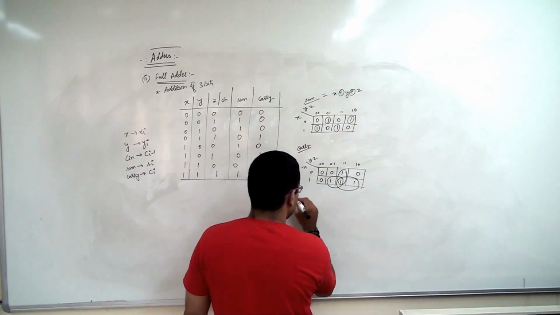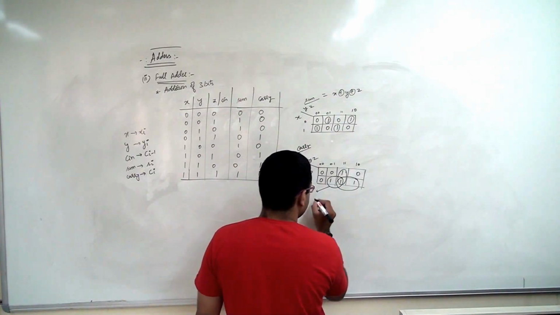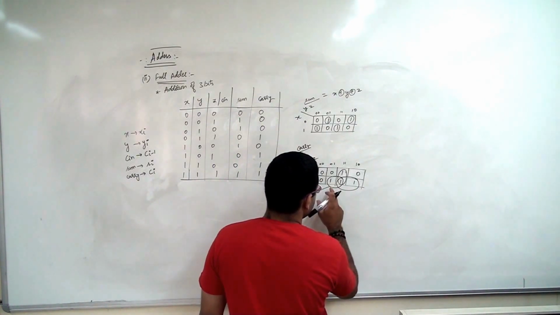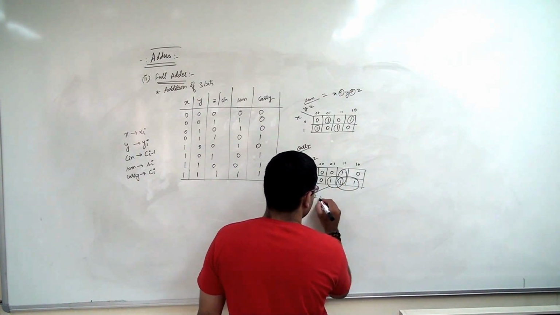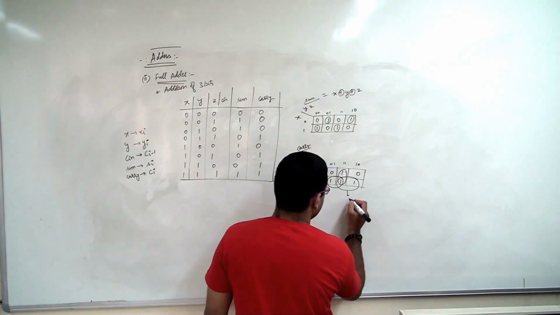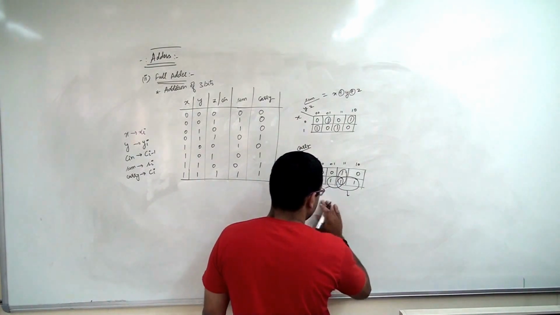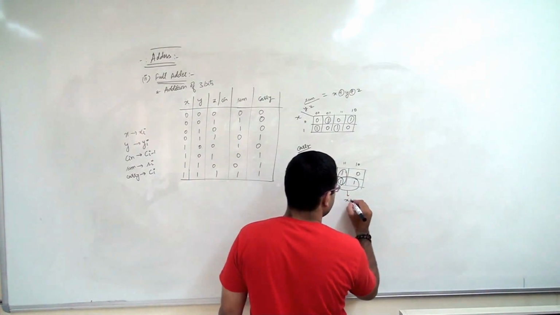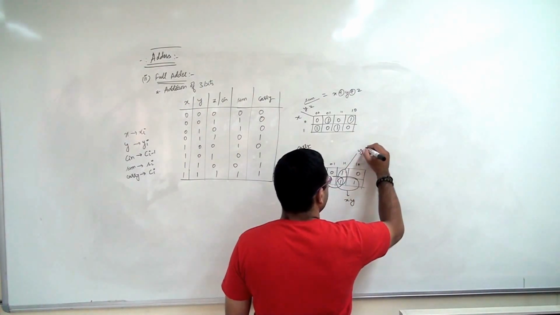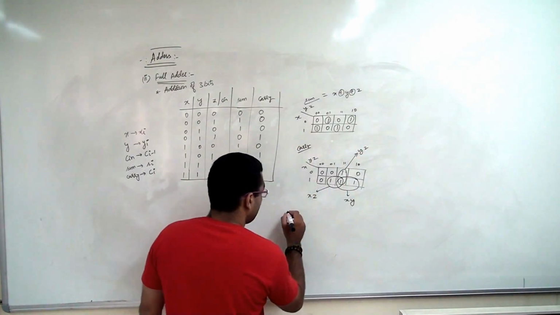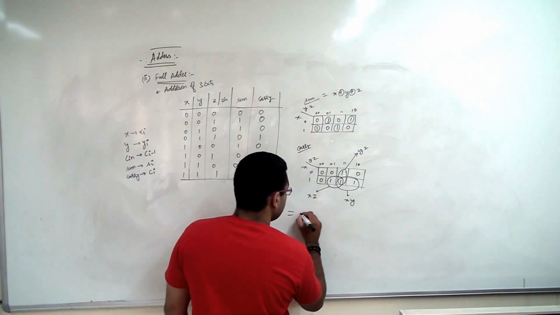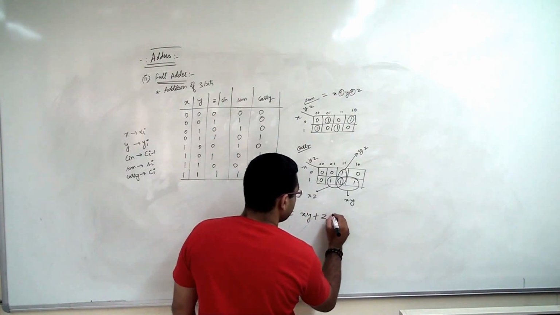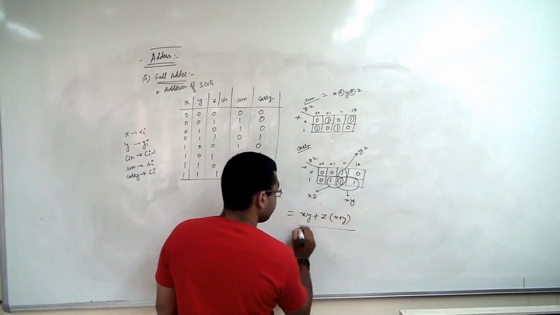So our output will be, from this pair I get x z, plus from this pair I get, okay, I'll write down first of all the individual pairs, then I'll combine. This is x y, and from here I get y z. So my output will be xy plus z into x plus y. This is what I get.